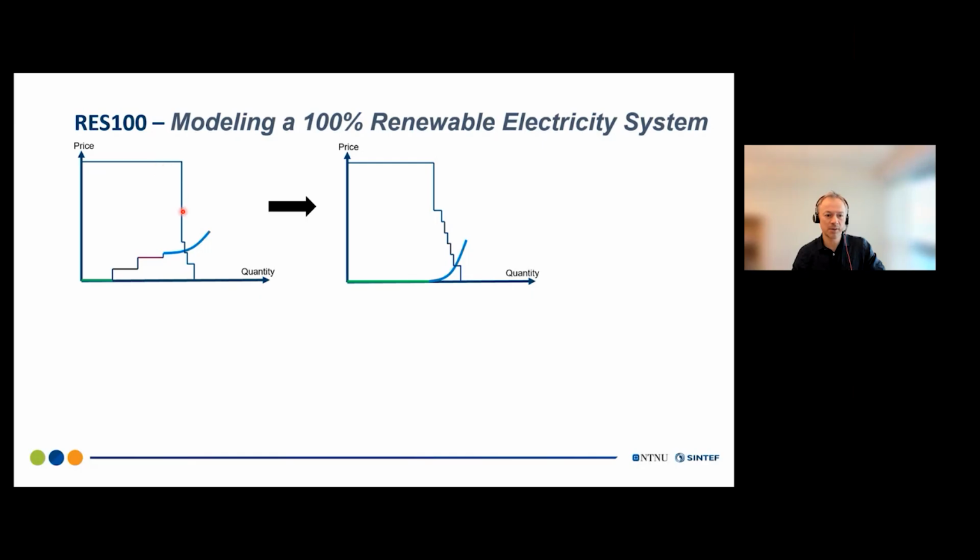Here it's quite steep, a sign of little elasticity on demand, your price on the y-axis and quantity on the x-axis, and you have the supply curve, where you stack up all the supply technology according to the marginal cost. So you have this green line here is a zero marginal cost, typically wind and solar power, bidding around zero.